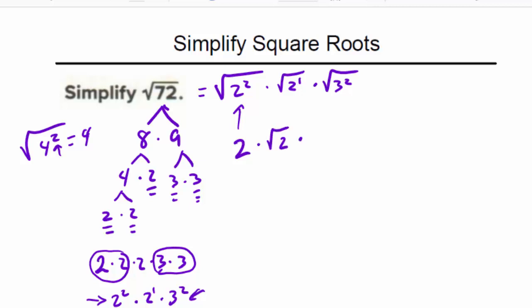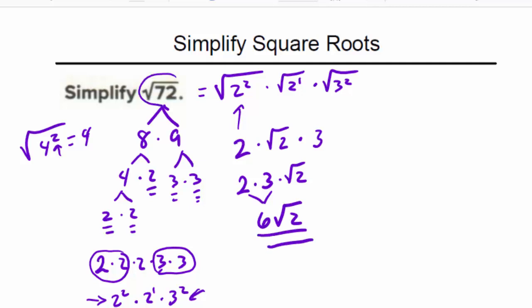Bring my times down. And my square root of 3 squared is going to be just 3, because 3 to the second power is 9, and the square root of 9 is 3. Then I'm going to reorder these into 2 times 3 times the square root of 2, and then simplify a little bit further. 2 times 3 is going to give me 6 times the square root of 2. So 6 square root of 2 is the simplified version of the square root of 72.